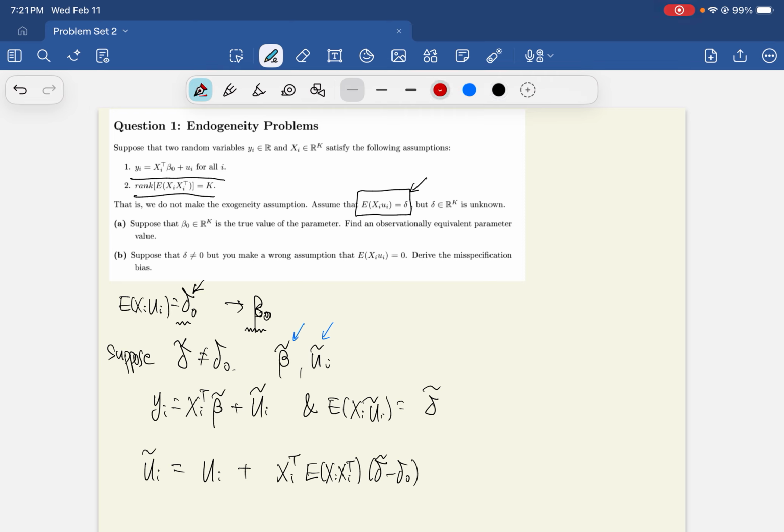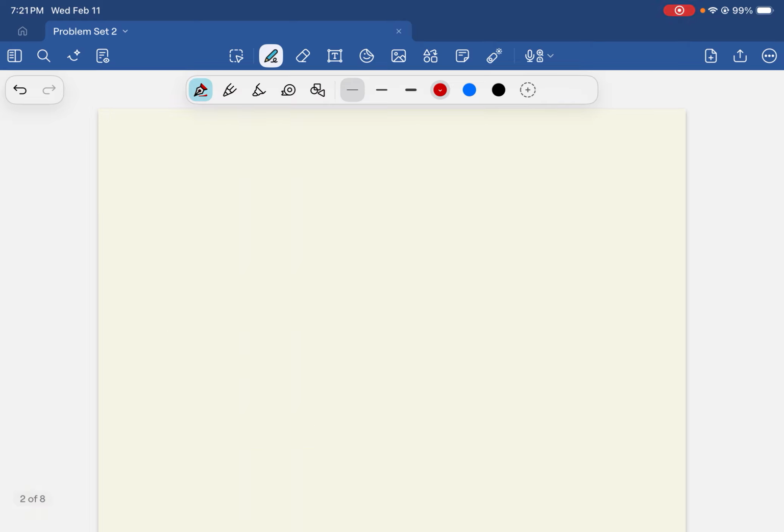The original u is included, plus I add something that starts with x because I'm changing the covariance with x. Because I include x, it will affect the covariance with x. Okay, then let's calculate. u_i tilde is u_i plus x_i transpose times the inverse of the expectation of x_i x_i transpose, times the difference between delta tilde and delta 0.